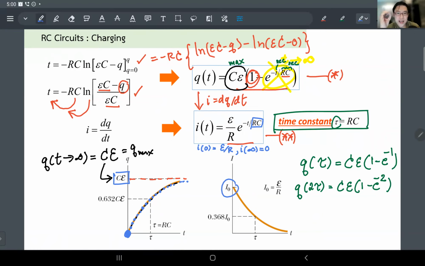Now imagine your classroom is the conducting plate of the capacitor, and you are the first electron that gets into that room. You feel nothing. It's like, oh, I'm free. I'm the first one in this room. So you can flow in without any resistance. It's free.